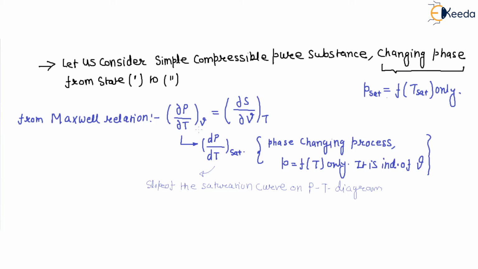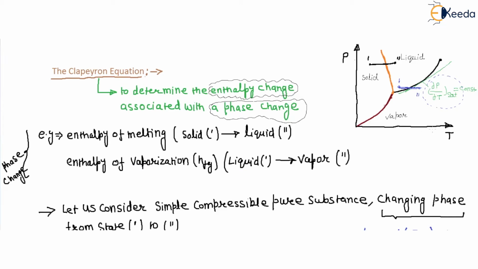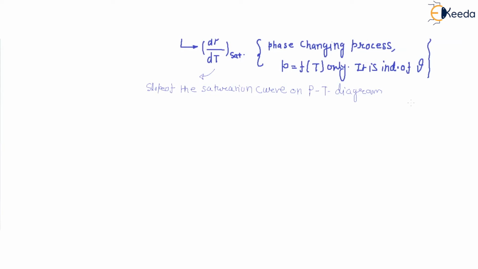Between the two saturation states at the same temperature, for an isothermal liquid, if you take this line and change the temperature, this is your temperature T. At this temperature this is constant, so we can write like that.